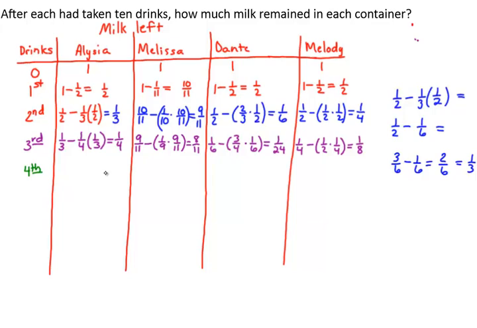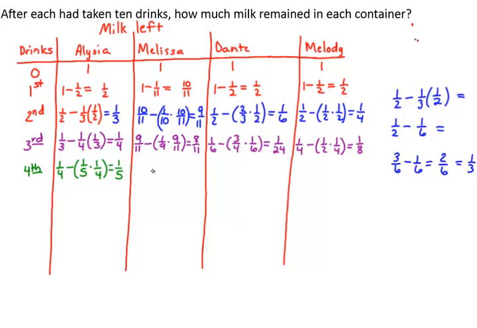After she drank 1/4 of what was left, then she drank 1/5 of what was left. So we have 1/4 minus 1/5 of what was left. And that ended up being 1/5.